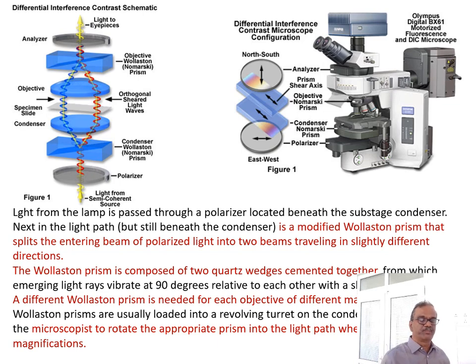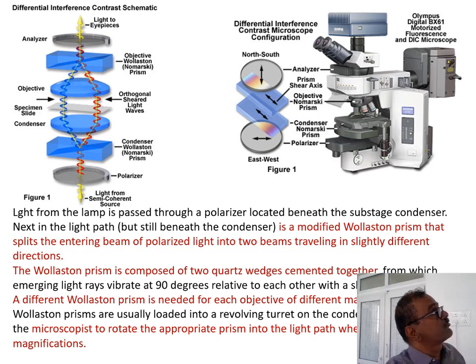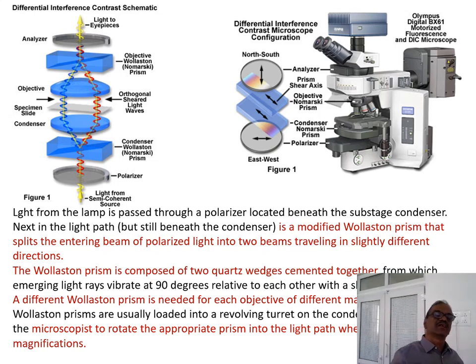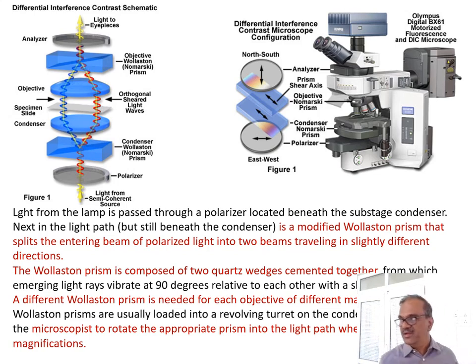Generally the prism principle is used, but here the two beams are traveling in two different directions. Are you able to see that? Like a DNA helix, two beams are going in two different directions, and then they converge in the light to the eyepiece, then you can see the specimen. Okay, this is one of the microscopes available, that is enough.